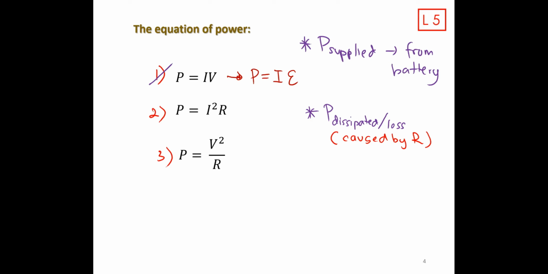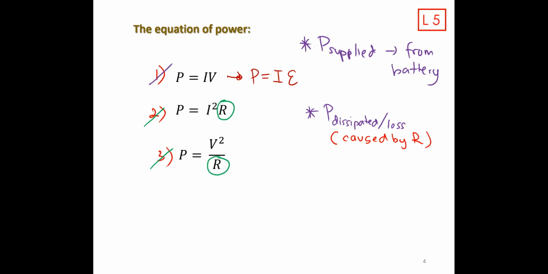Now look at equation number 2 and number 3. Both equations have the R. That's why I advise you, if you want to find the power loss, just use I squared R or V squared over R.